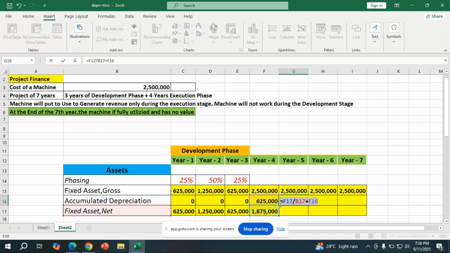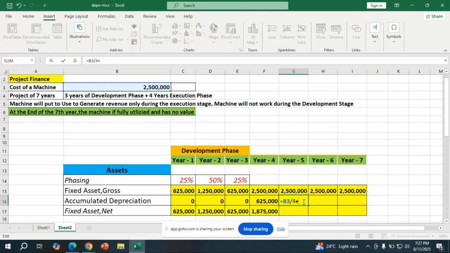So according to you, equals to B17. This is B17. This one, 25 lakh, divided by 4. So how much do you get? Again, 6 lakh 25 plus. Should I add the previous year's depreciation or should I just indicate it as 6 lakh 25?